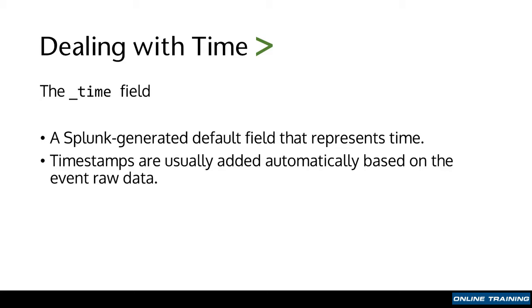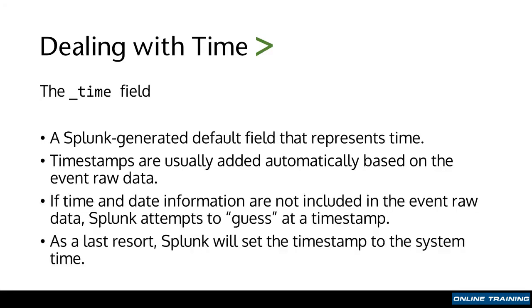And those patterns come from the raw event data. If there isn't an explicit time field, Splunk will try to guess which part of the data is representing time, and as a very last resort, Splunk will set the timestamp to the current system time. So there's no event left behind when it comes to time. That's how important time is.